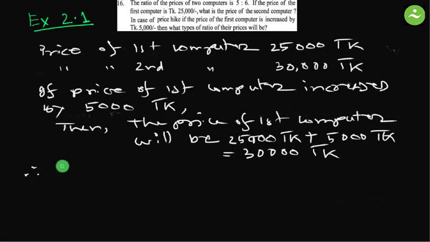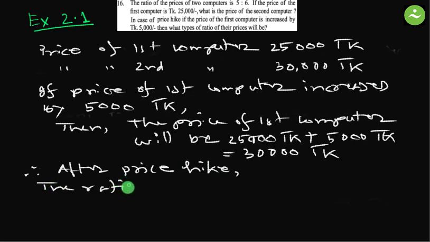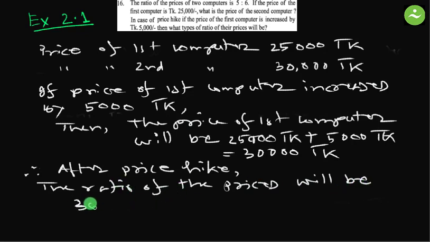Therefore, after price hike, the ratio of the prices will be, the first computer price will be 30,000.